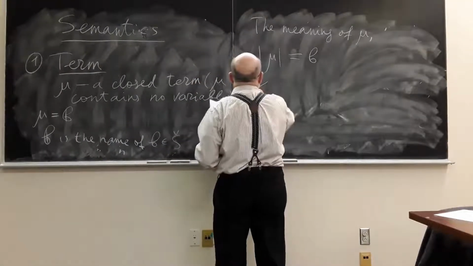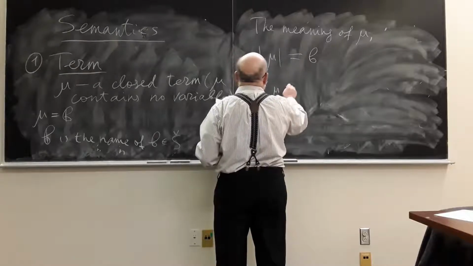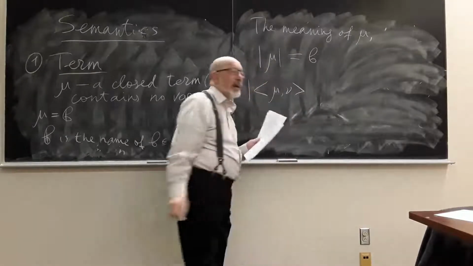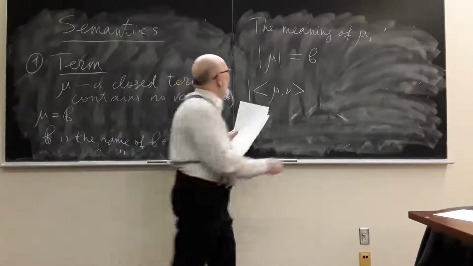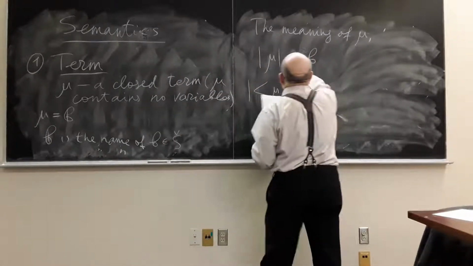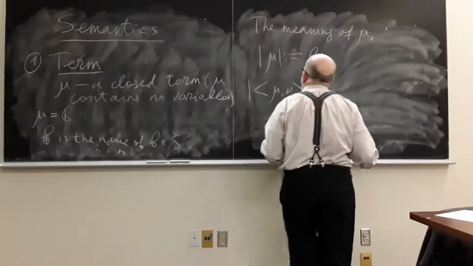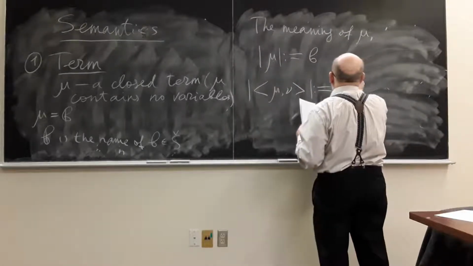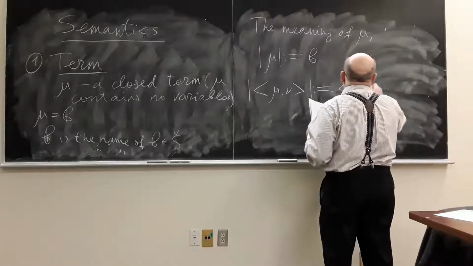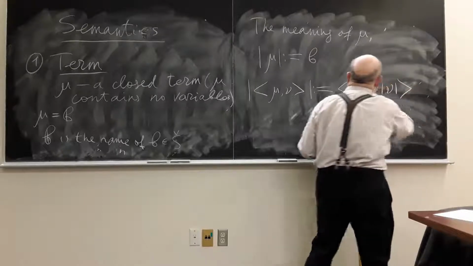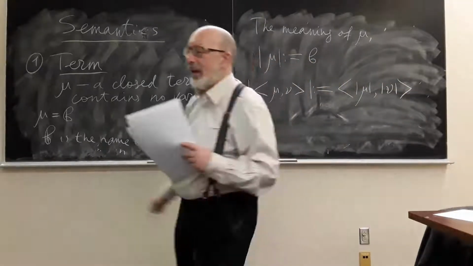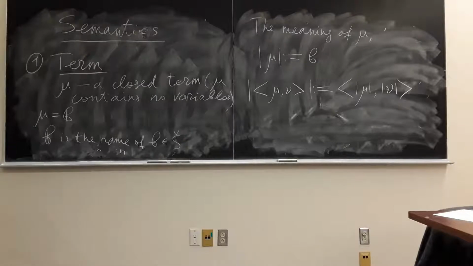Similarly, if mu and nu have no variables, then by definition the meaning of the pair mu, nu is the pair of the meaning of mu and the meaning of nu, because ordered pairs are defined for things, not for words.